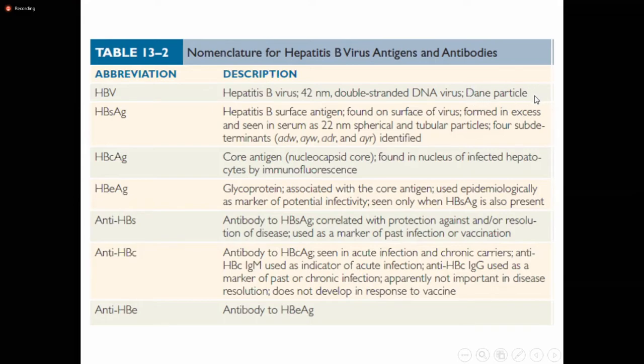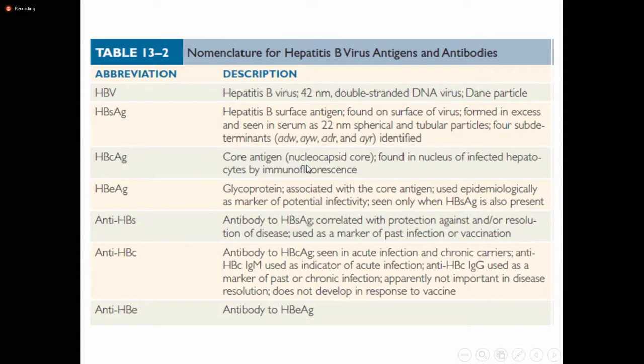Sometimes we use the words Dane particle to say hepatitis B virus or virion. The virion of hepatitis B is called the Dane particle, which we saw in the drawing. Hepatitis surface antigen is present on the surface of the virus. It can be spherical, it can be tubular, as we said.